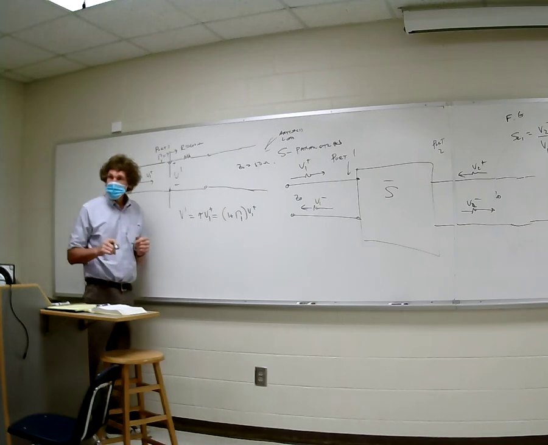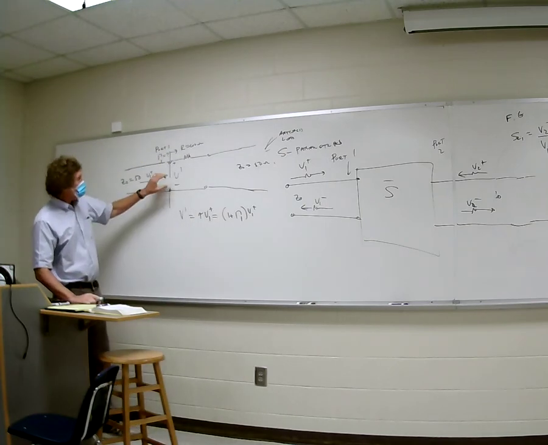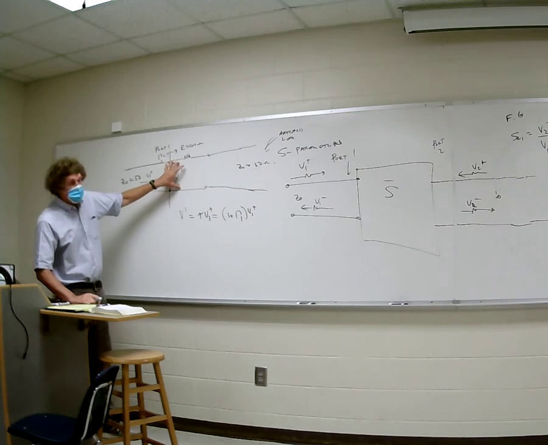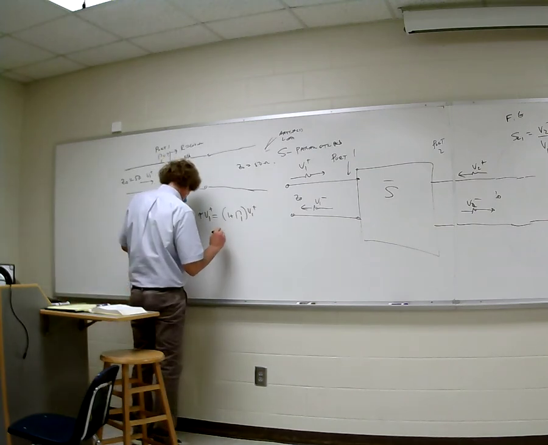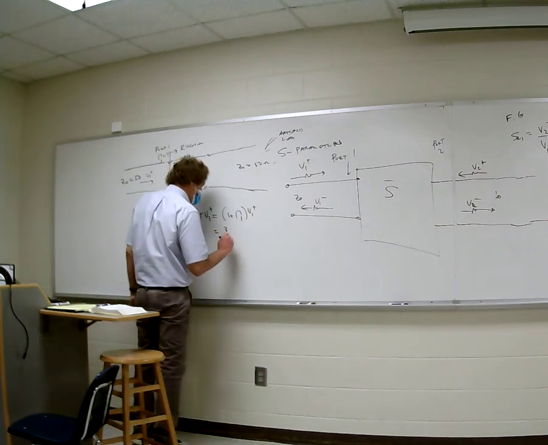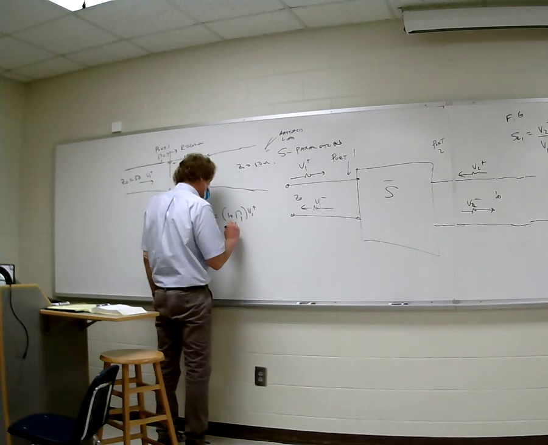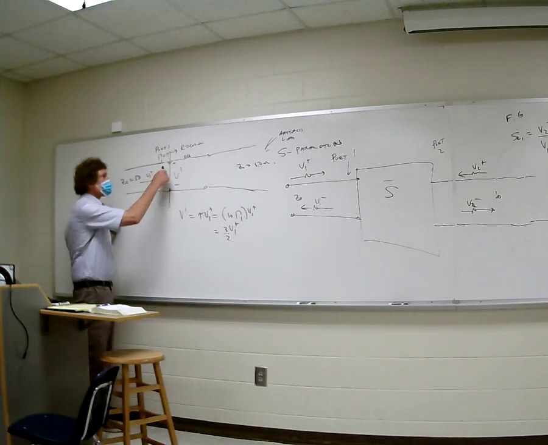Do y'all follow me on that? So in our case, what do we have? Well, I had V1 coming in here. Over here, I have 1 plus gamma. Gamma was 1/2, so it would be 3/2 times V1 plus. Do y'all follow me? Right? Take a good look. So this is going to be equal to 3/2 times V1 plus. Now that's the voltage just on this other side.